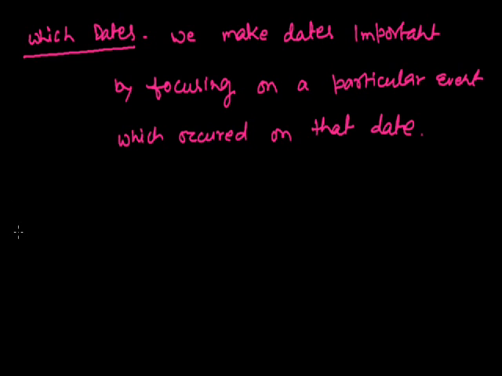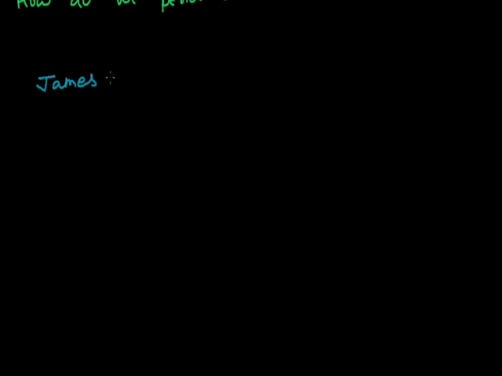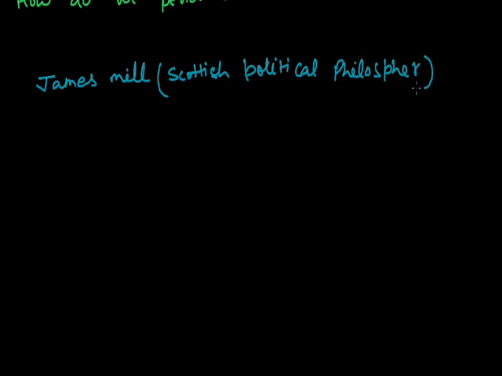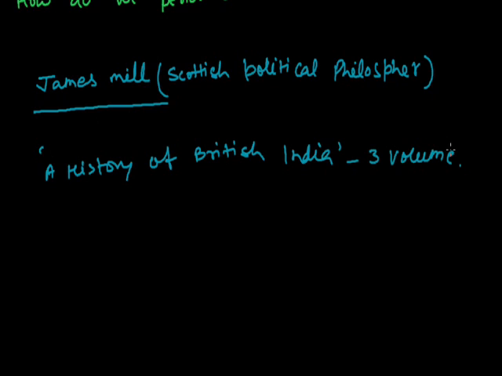So the next concern is periodization. A Scottish political philosopher, James Mill, in 1817 brought out a three-volume work that is a history of British India.